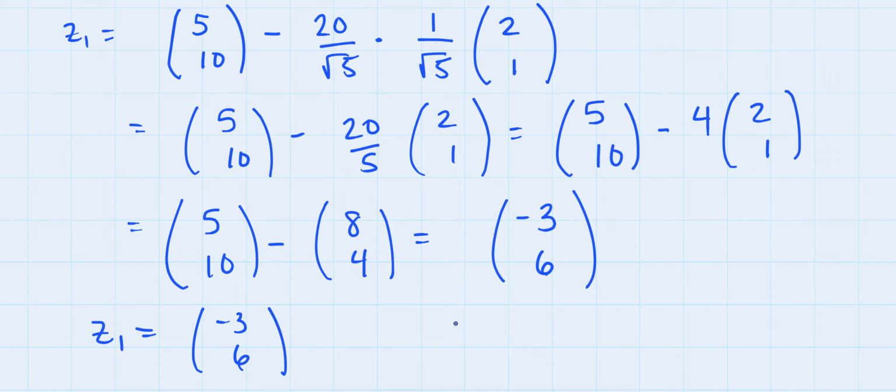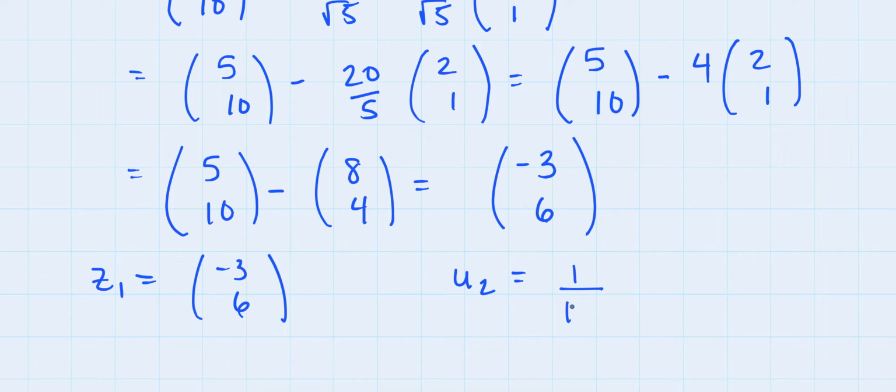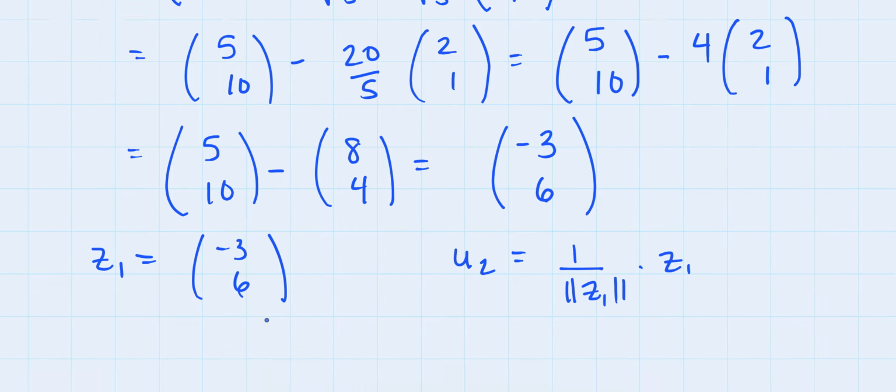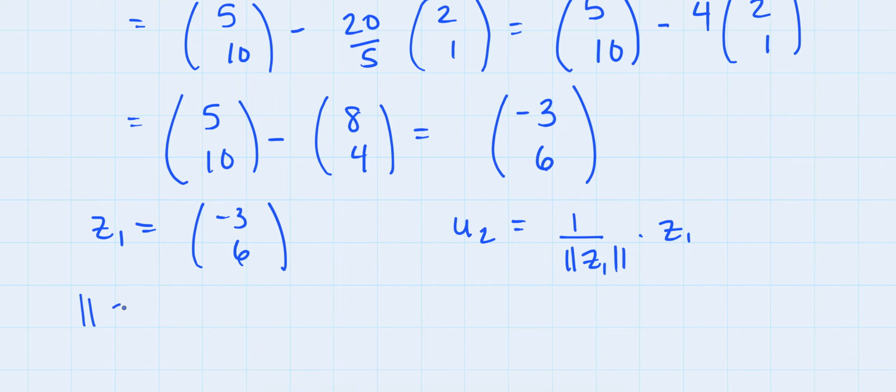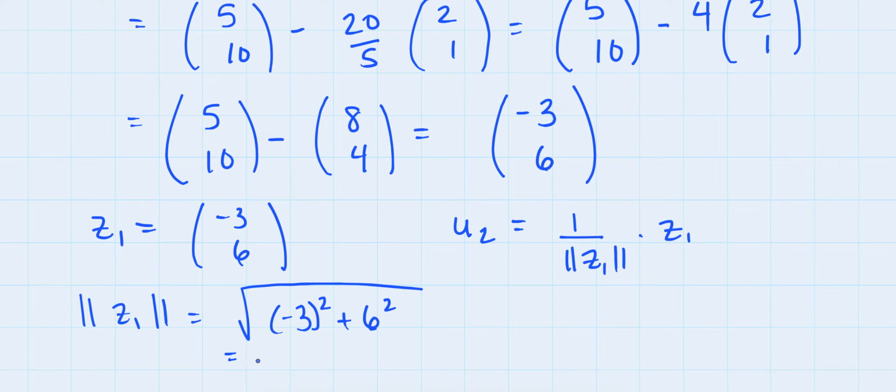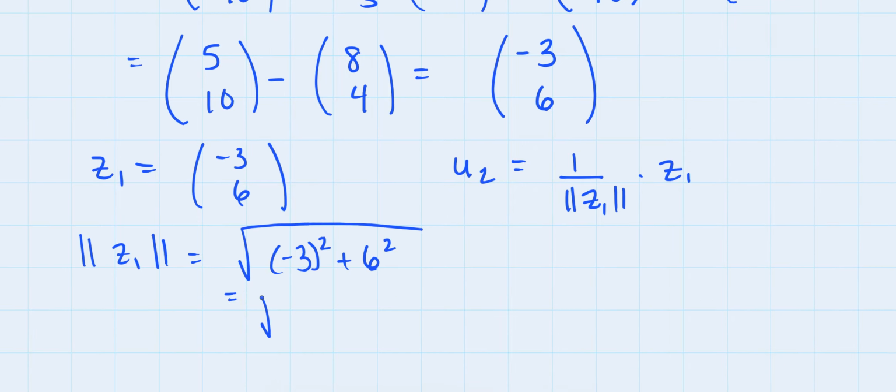And we're looking for U2, which is 1 over the length of Z1 times Z1. So we need to figure out the length of Z1. The length of Z1, recall, is the square root of negative 3 squared plus 6 squared, which is 9 plus 36, square root of that, which is the square root of 45.